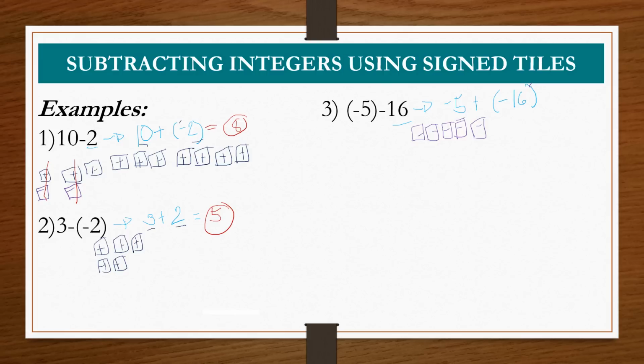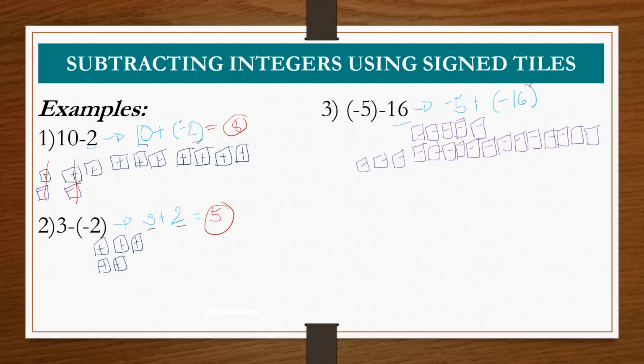And then another 16. So we have 1, 2, 3, 4, 5, 6, 7, 8, 9, 10, 11, 12, 13, 14, 15, and 16. So those are all negative.